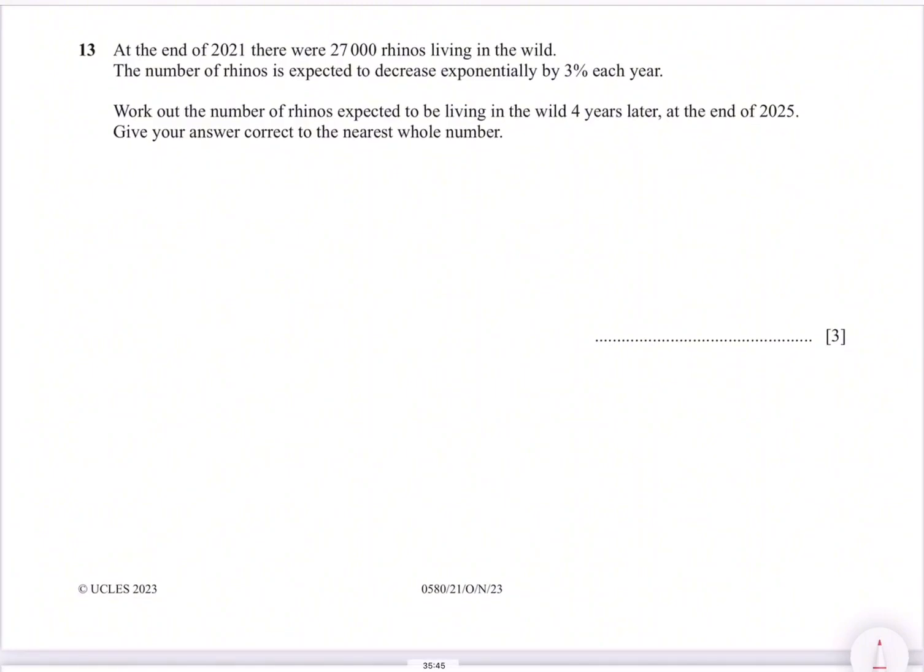At the end of 2021, there were 27,000 rhinos living in the wild. The number of rhinos is expected to decrease exponentially by 3% each year. The word exponential means it's a question of compound interest.